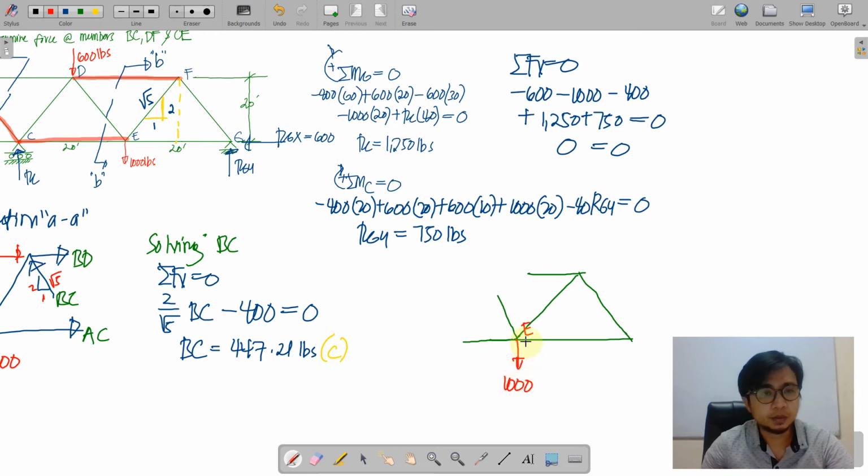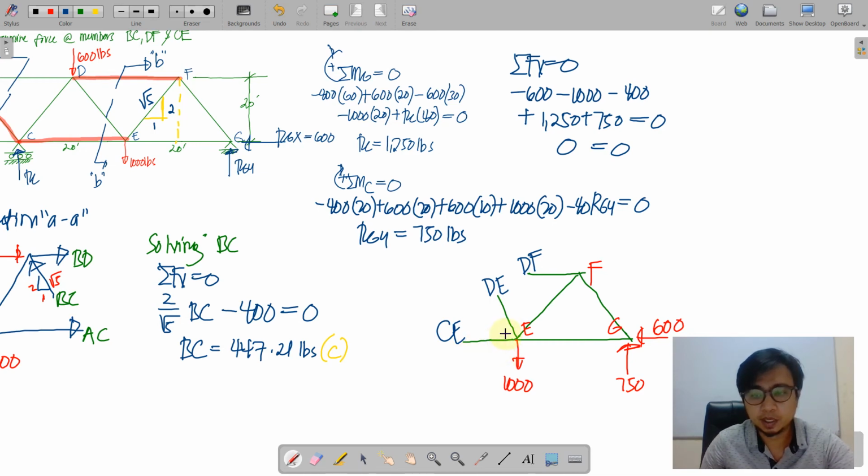This is actually point E. RGY here, which is 750 at point G, and then 600 here as the horizontal force at point G. We have this as F, so this is DF and that is DE, and this is CE.